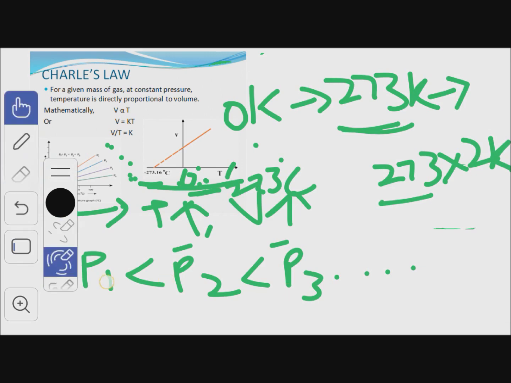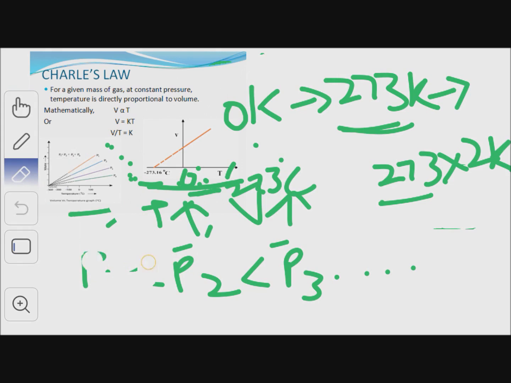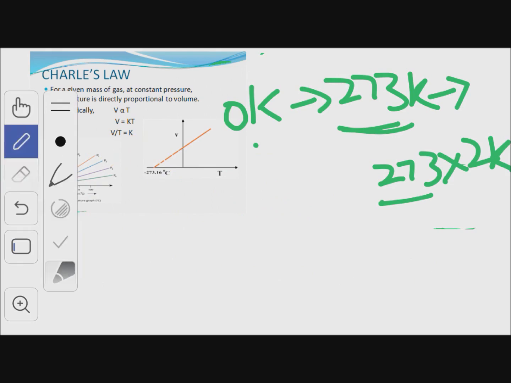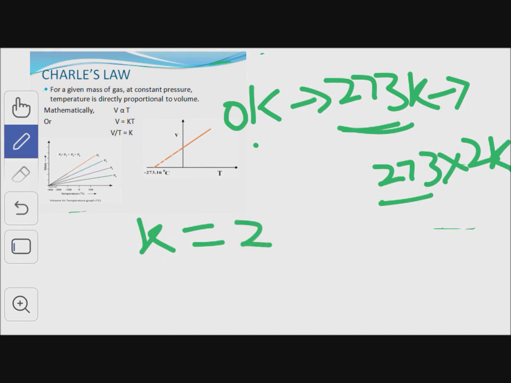Here we interpret the relationship between Kelvin and degree Celsius, which comes out to be Kelvin is equal to 273 plus degree Celsius. If we convert degree Celsius to Kelvin, then we have to add 273 to the degree Celsius.